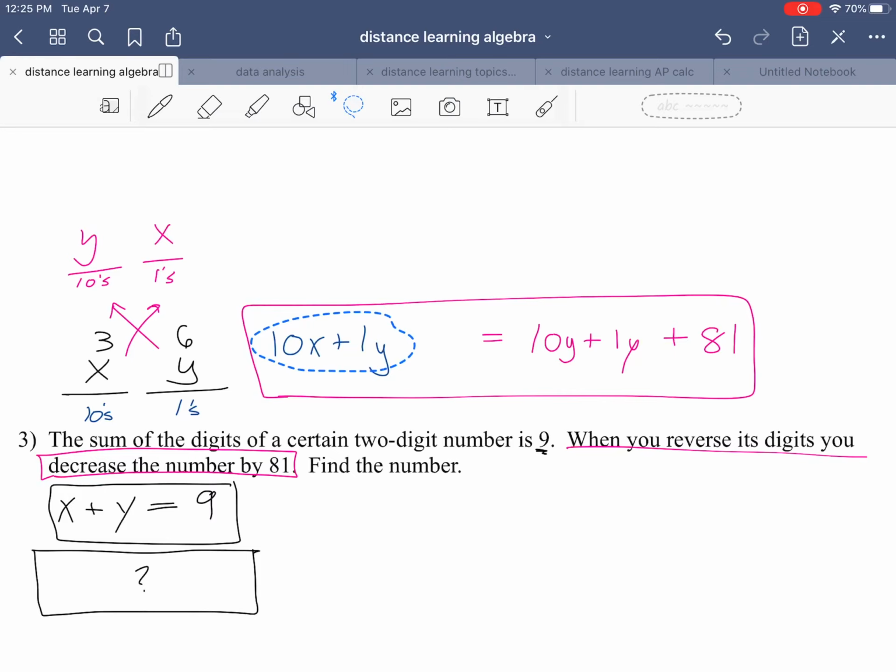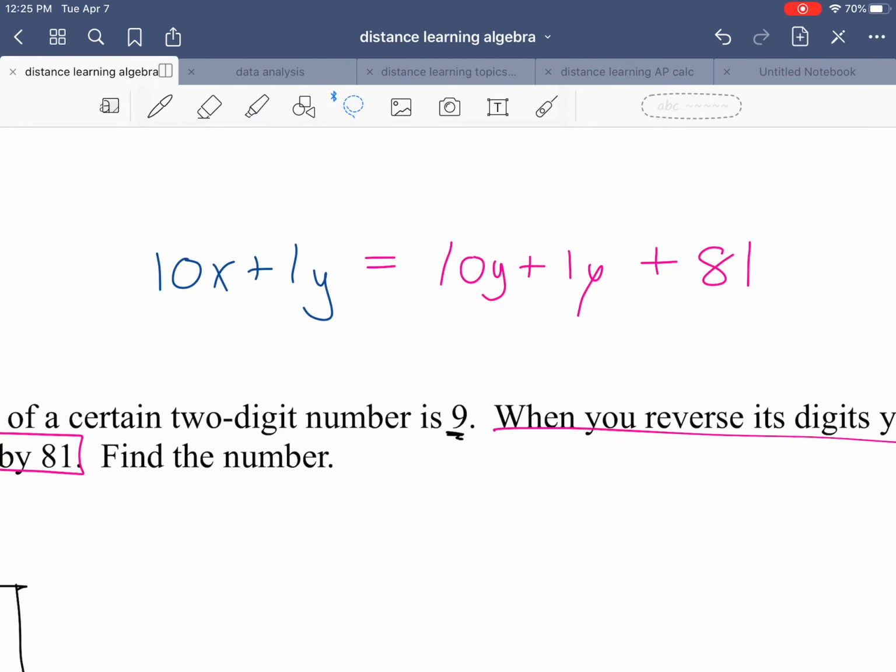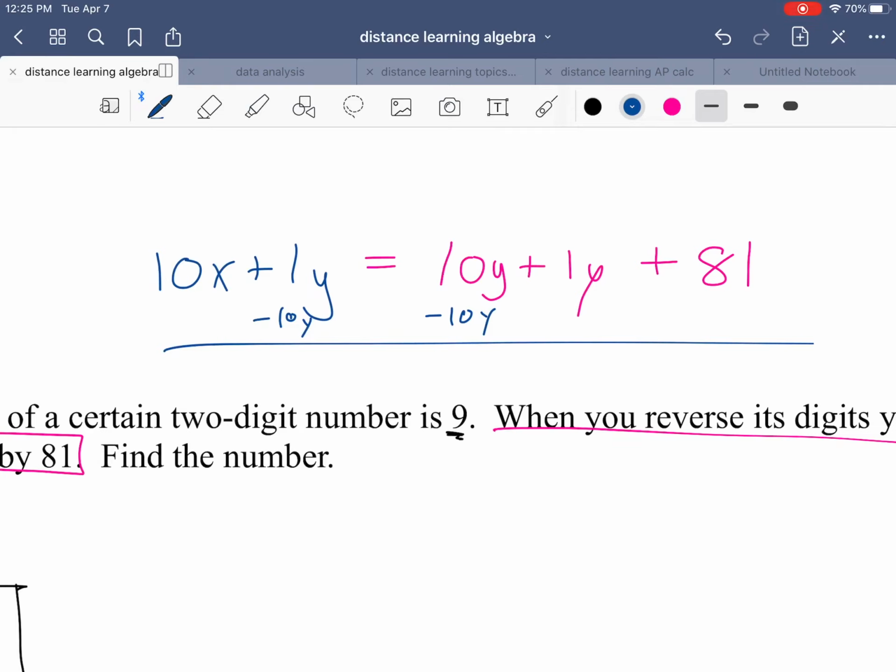So I get this expression, which I'm going to bring a little closer so it looks more like an equation. And I'm going to manipulate that until I get something in standard form. So to do that, I'm going to subtract 10y from both sides. At the same time, I'm sorry, that's supposed to be an x here. This is an x.